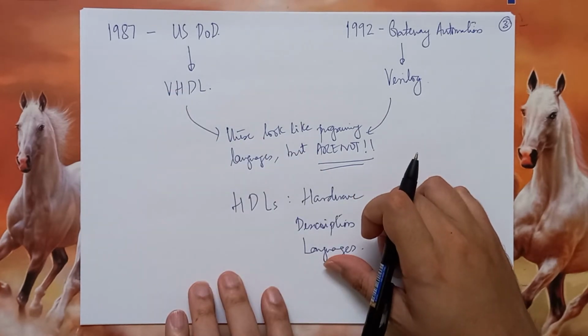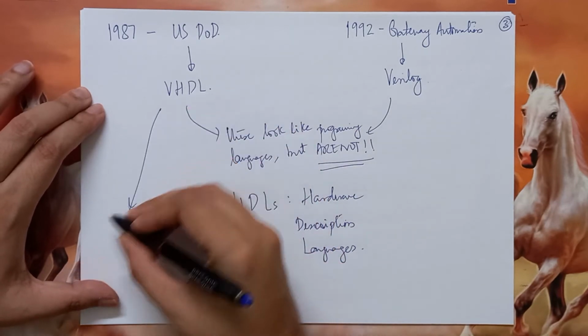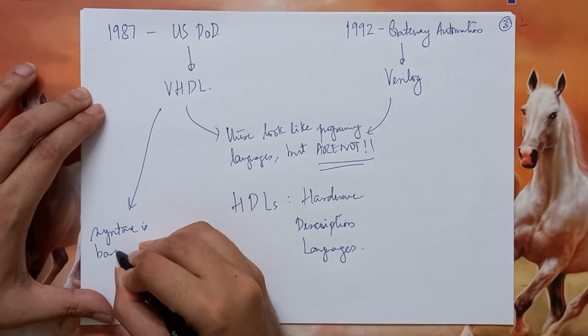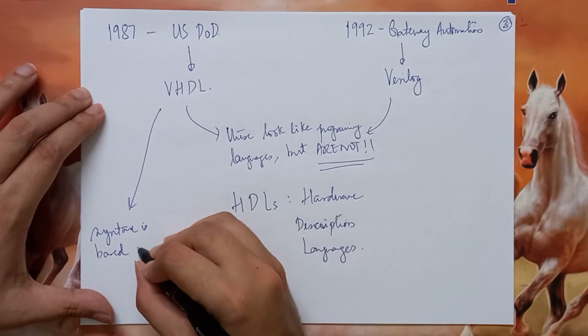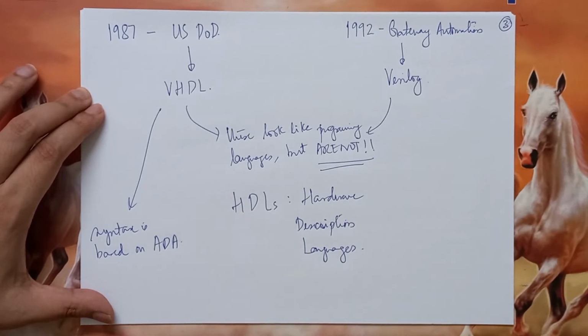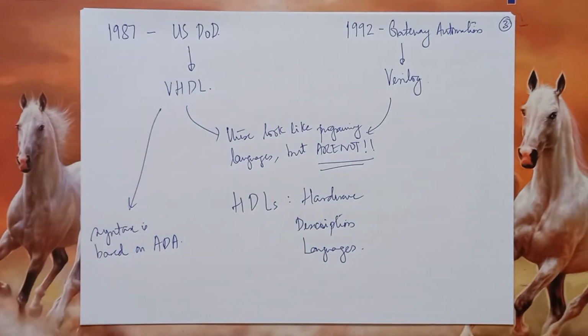on some known language. So for VHDL, the syntax is based on a programming language called Ada. Ada is a very old programming language. Now it's not very much used, although the name Ada was given after Lady Ada Lovelace, one of the early pioneers of computers.